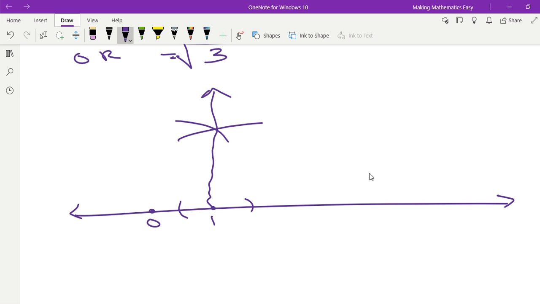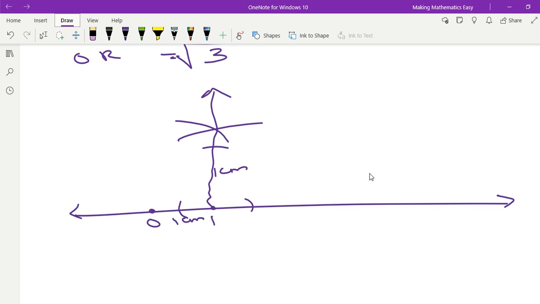Now you can take this distance on your compass, or 1 centimeter, and make an arc over here. Now what is this? This is 1 centimeter. From here up to here, this is 1 centimeter. Now all you need to do is join these two segments.